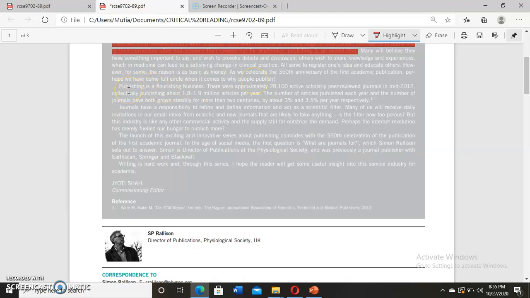There are approximately 100 active scholarly peer-reviewed journals in mid-2012, collectively publishing about 1.8 to 1.9 million articles per year. The number of articles published each year and the number of journals have both grown steadily for more than two centuries, by about 3% and 3.5% per year, respectively. And I will block this answer.